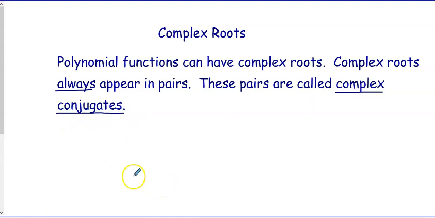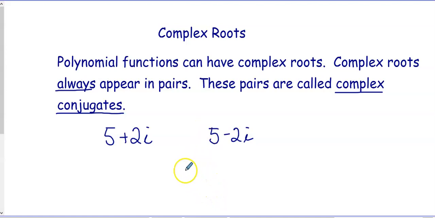So what do complex conjugates look like? This is the easy part. If I say this polynomial function has a root at 5 plus 2i, well, there's a partner for this complex root, and it is 5 minus 2i. So these are complex conjugates. These are the pairs that go together.